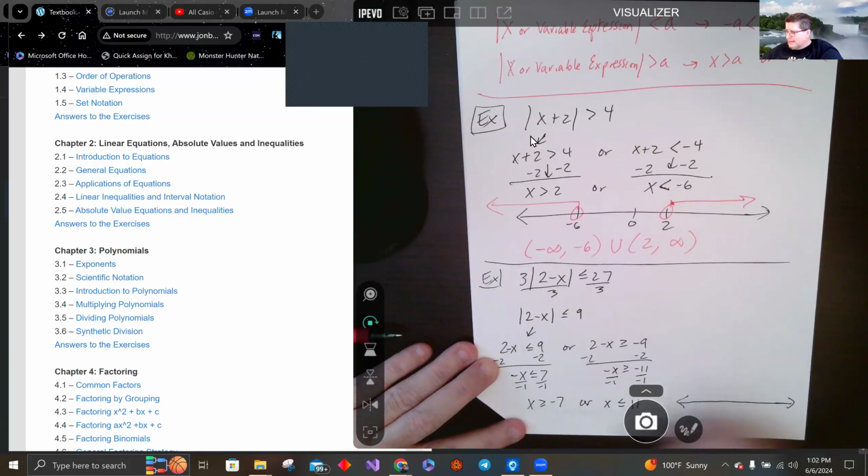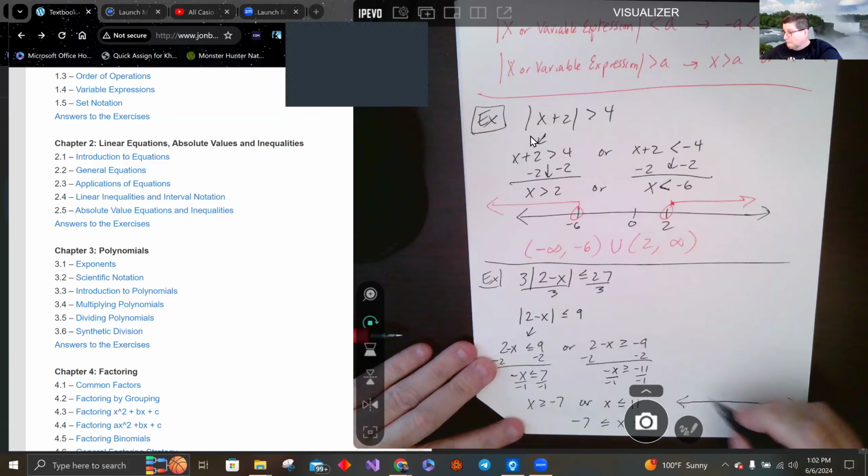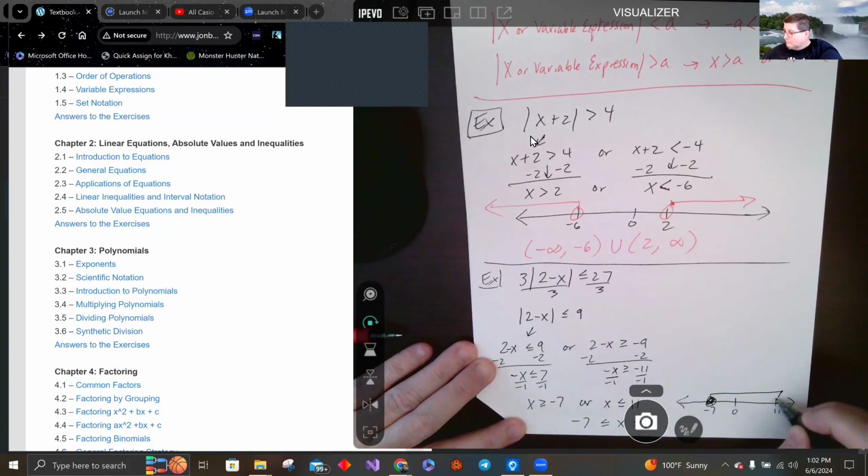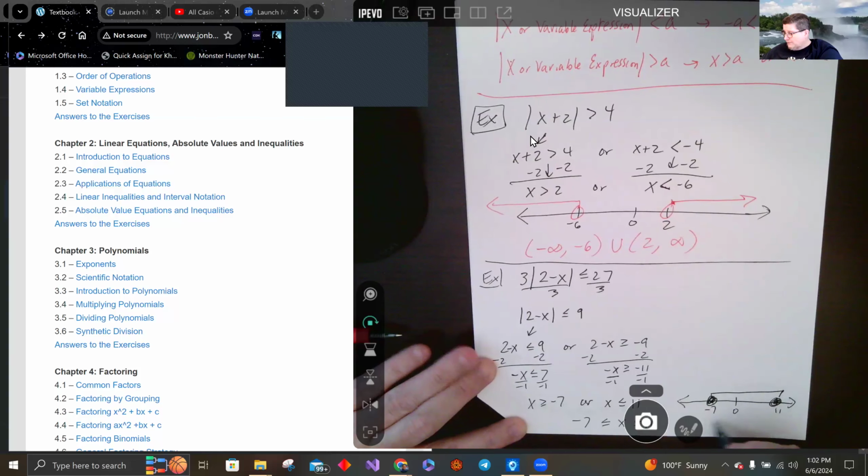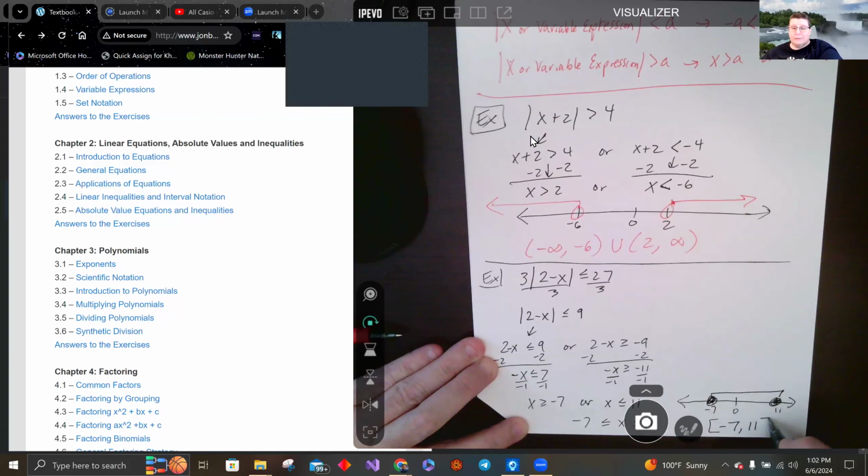So if we put it into a sandwich, it's negative 7 is less than or equal to x, less than or equal to 11. And in interval notation, we have negative 7 to 11 in brackets.